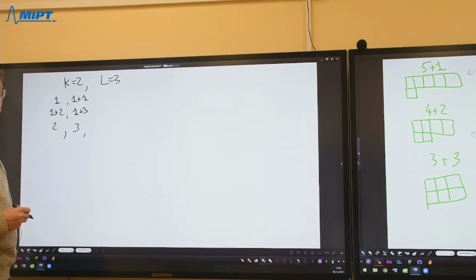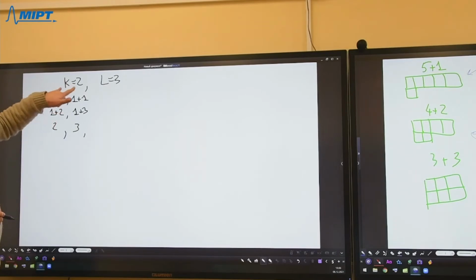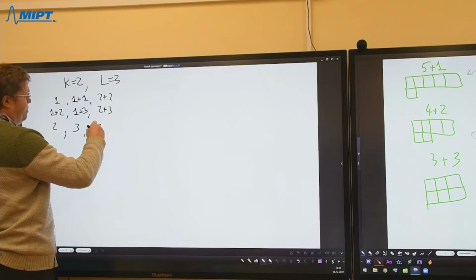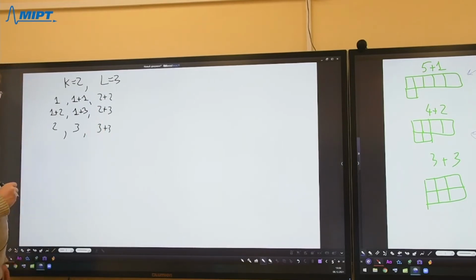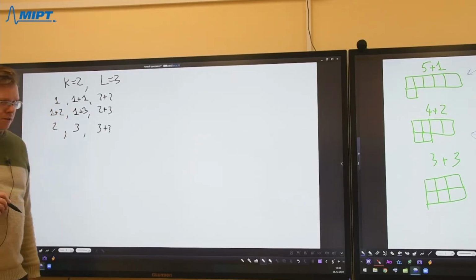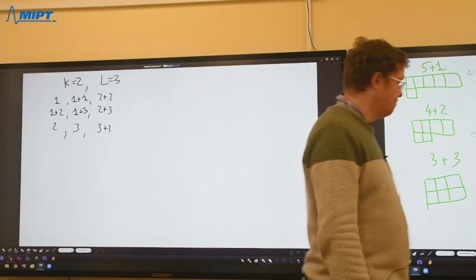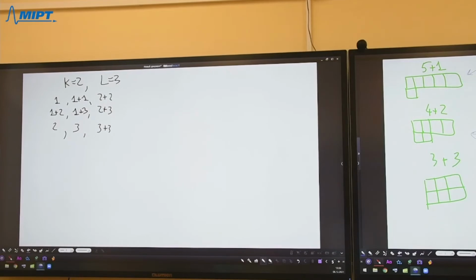We have 1 or 2 summands, and all the summands must be 1, 2, or 3. We can also have 2 plus 2, 2 plus 3, 3 plus 3. That's all, I suppose. So the number of partitions of this type is 6. But can you give me a formula for arbitrary K and L here?